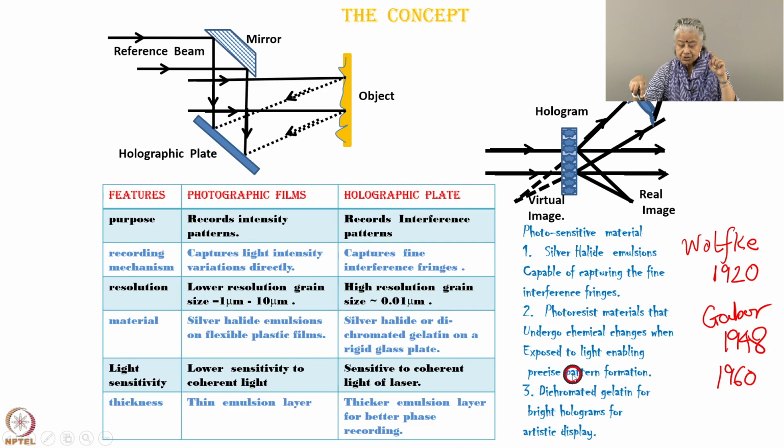Precision is the key here in recording a hologram, so that you reproduce the object image very well. Then there is dichromated gelatin for bright holograms for artistic display. So, these are some of the materials that are used in the case of a hologram.